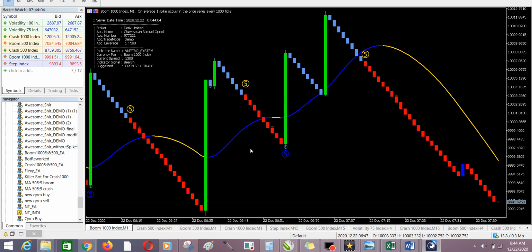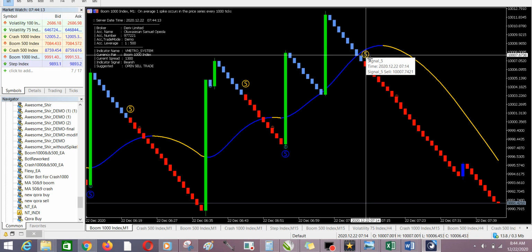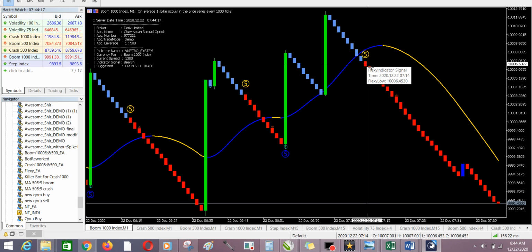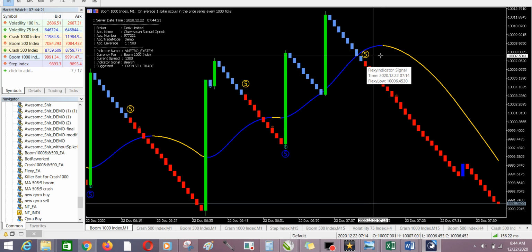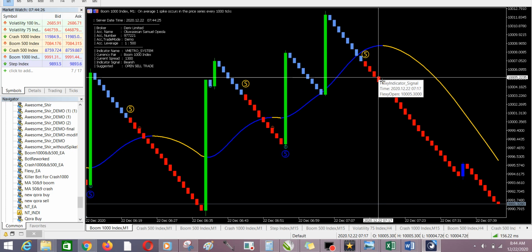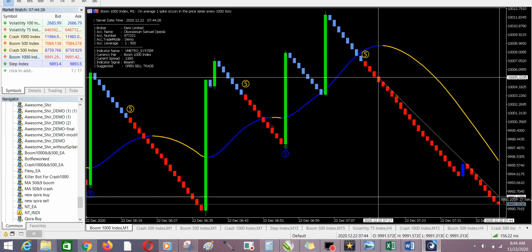You can see after this series of spikes occurring, it started the downtrend here, and we got a sell signal just below the line. Like I always tell you, each time you get a sell signal below the line, it shows that it is going to go for a very long time. And once the blue line changes from blue to yellow, it shows that it is on a downtrend, and that will go for a very long time.